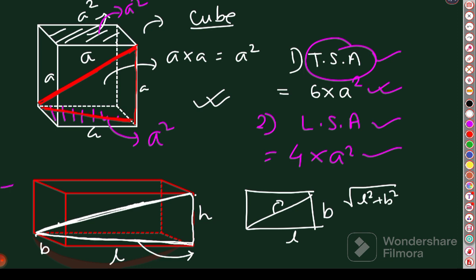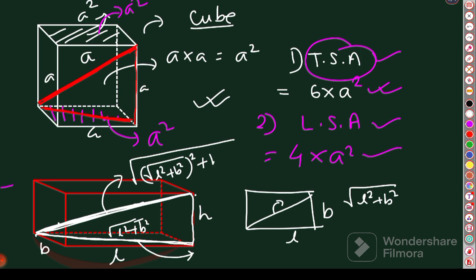This side is root under L square plus B square, and this is H. So what will be this one? This is in 3D space, not two-dimensional space. Again, it will be under root, L square plus B square, whole square, plus H square.